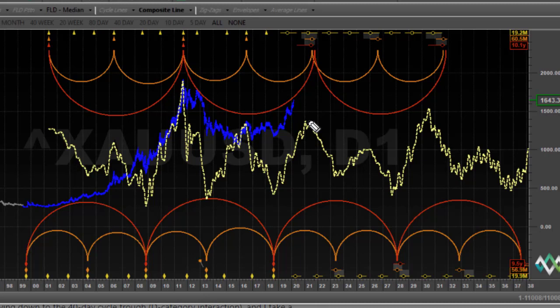Although it extends into the future, what's more important is the way that it shows you how the cycle analysis relates to the price movement. So I often speak about the fact that what's important about the composite model line is the structure of the line and how the cycles are showing whether price is moving up or moving down.